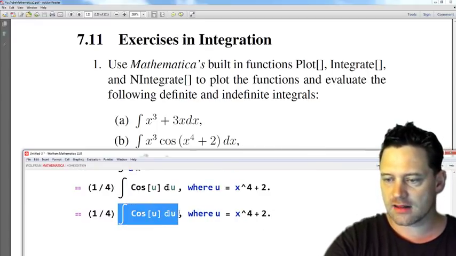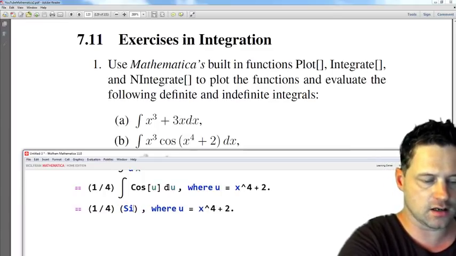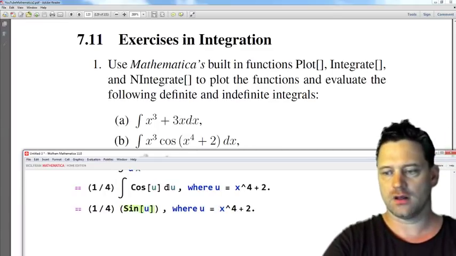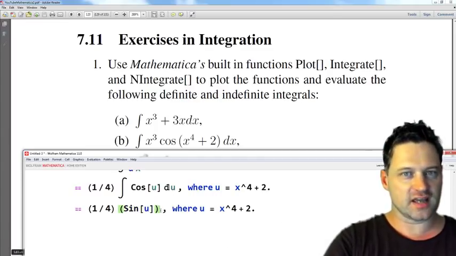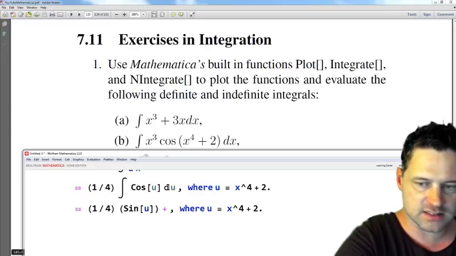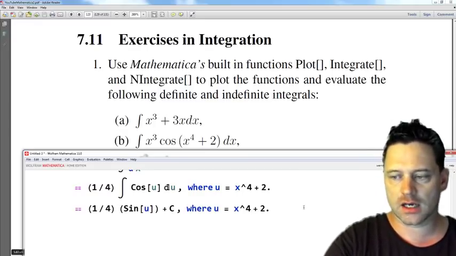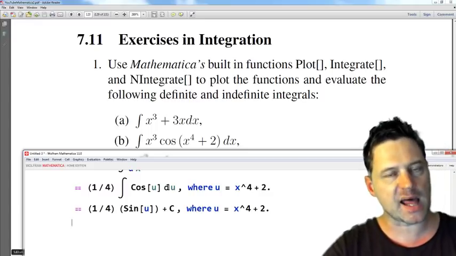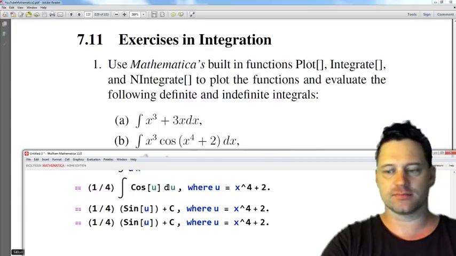And say that this is just sine of u. Okay, now that we have that, don't forget the plus c. So plus c. Okay, and now we'll include another line because next we want to replace x to the fourth plus 2 where the u is.